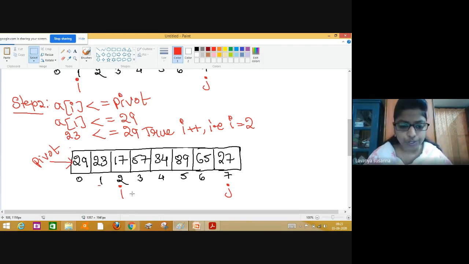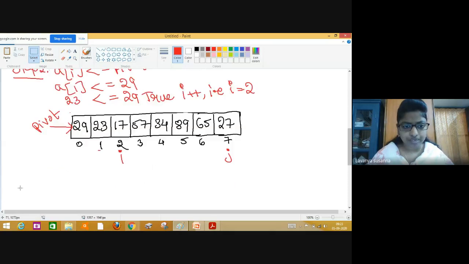When do you need to stop this process? When I is stopped incrementing. Again, step 3. Please repeat the process. I hope you understood.